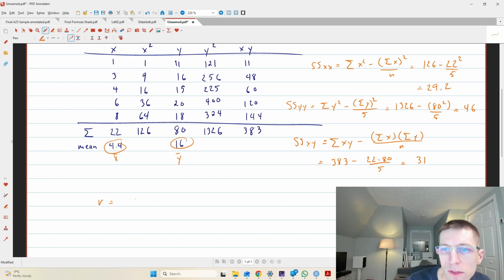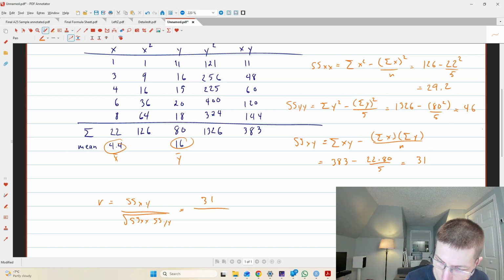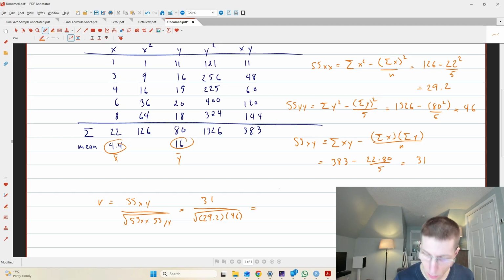Okay, R is SSXY, which is going to be 31. So let me just write out the formula. 29.2 times 46. So that's going to give me 31 over, well, if you put that in a calculator, it should come out to 0.846 about.